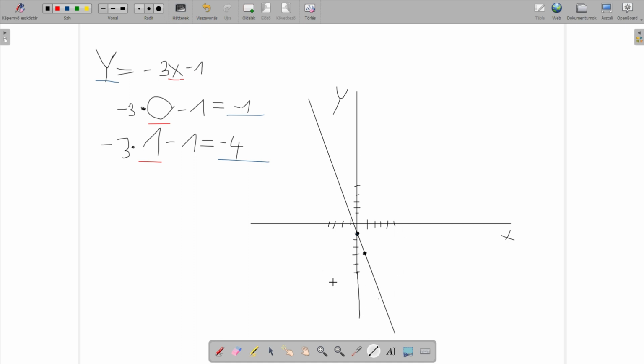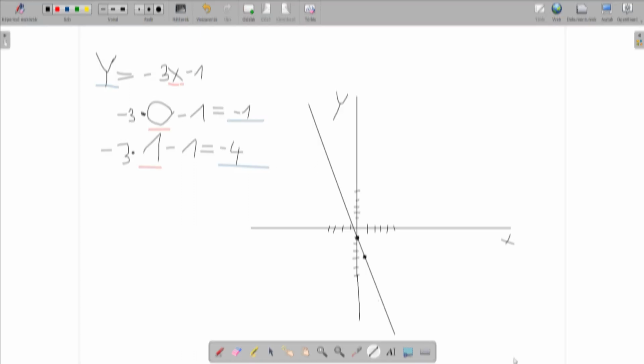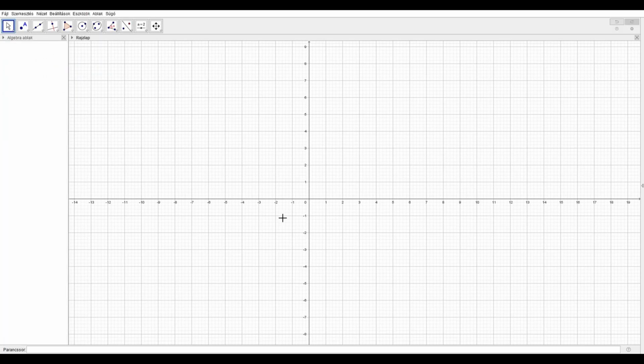And it kind of looks like this, but I have another tool. This thing is called GeoGebra. So we have the points 0, minus 1 and 1, minus 4 right there. And we can just connect these right like this to form a function. There we go. And I think we figured out everything we need to know about functions for now.